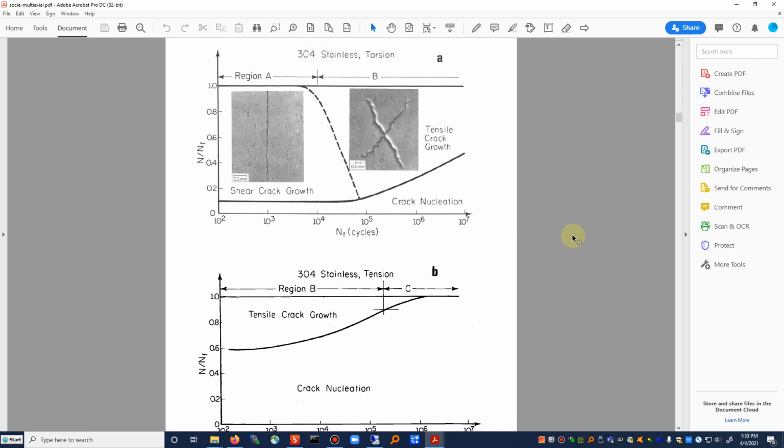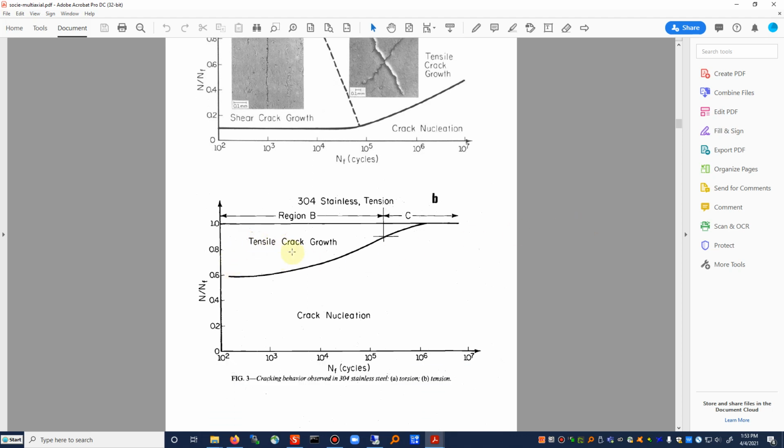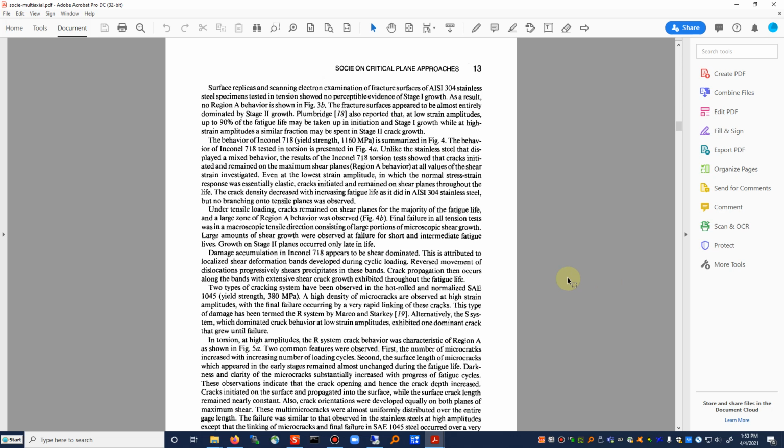Okay, here's the 304 stainless steel. This time the test was in tension. We have similar kind of behavior, crack nucleation, and in this case, tensile crack growth. And then he went on and did the same sort of thing with Inconel 718.